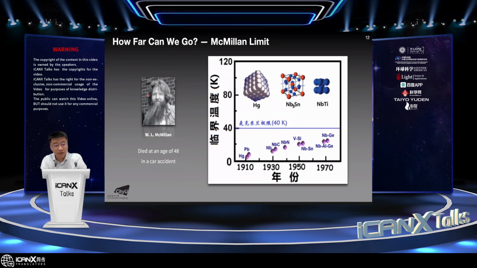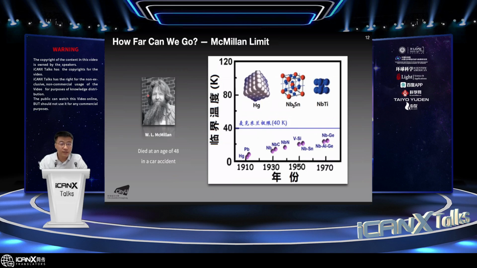Meaning that from a theoretical point of view, different models can give predictions on the transition temperature, the temperature below which the materials would become superconducting.